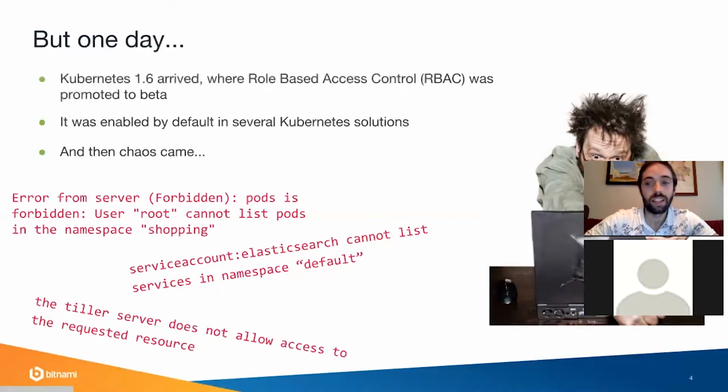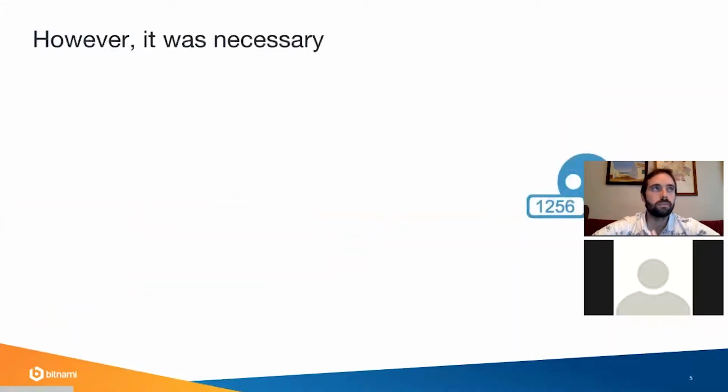So it was a time where pretty much nothing worked, and it was necessary to adapt to this new element. But in my opinion it was something really essential to do.